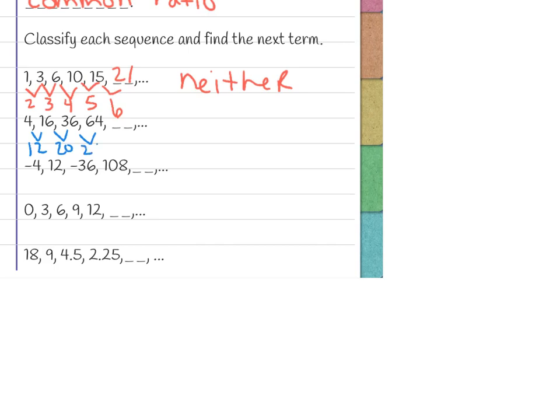Well, that would be 28. So again, we don't have a pattern here. So this would also be neither. All right. And we actually wouldn't be able to really figure out what's the next term because we couldn't find a pattern, right?